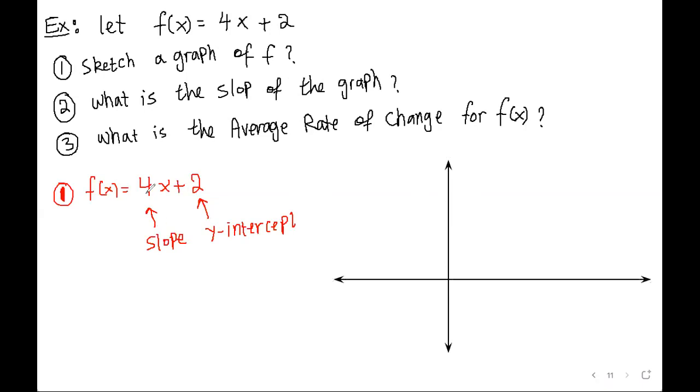Again, the slope is positive, so the graph looks like this. But if the slope is negative, the graph looks like this, as we learned before. Now here the slope is 4 and the y-intercept is 2. So the point is going to be here. This is 1, this is 2. And the graph will be something like that.